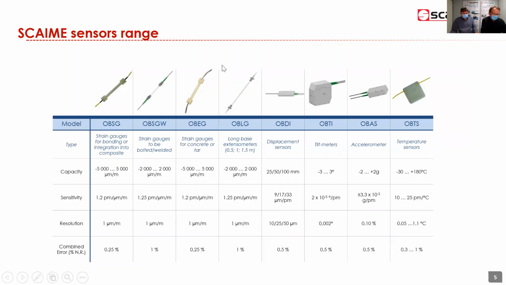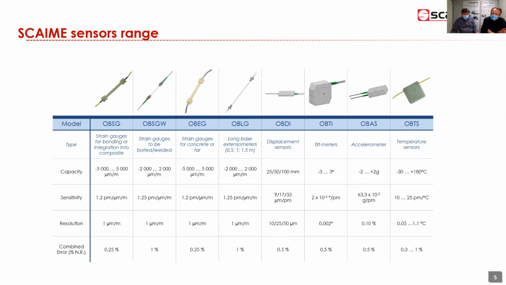The third one is for concrete or tar: the sensor is embedded directly inside the material, so it's very robust and can resist this kind of environment. And then we also have long base strain gauges to measure over 1 meter, 1.5 meters.